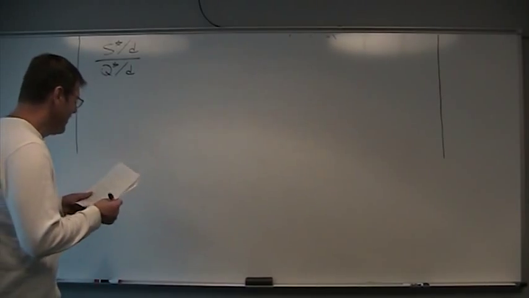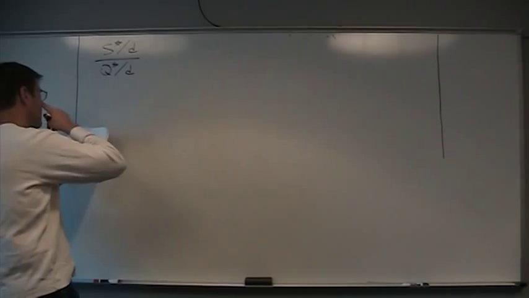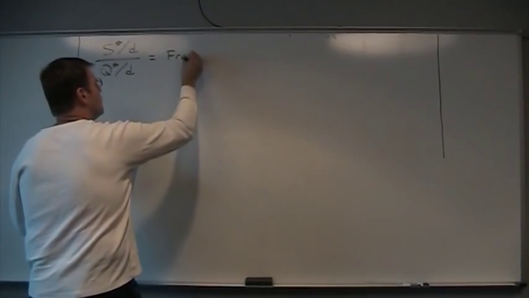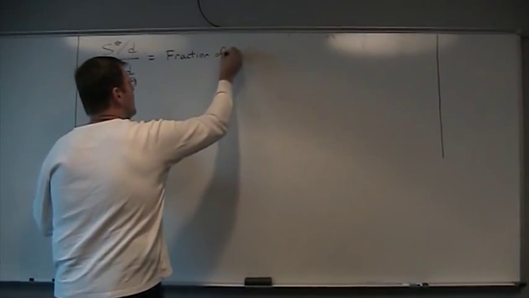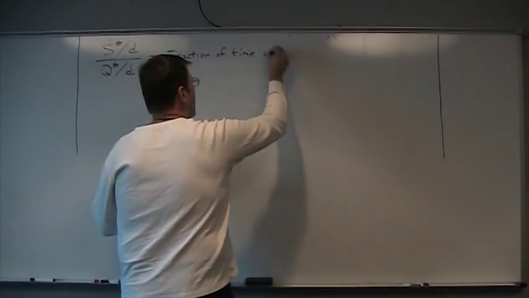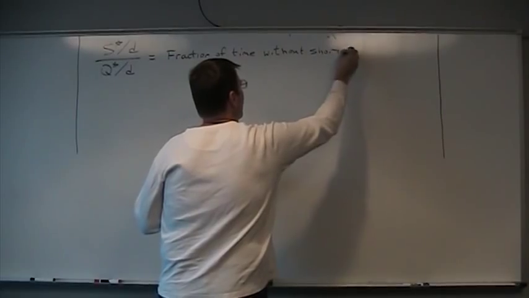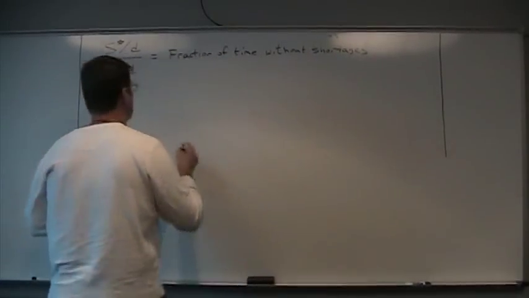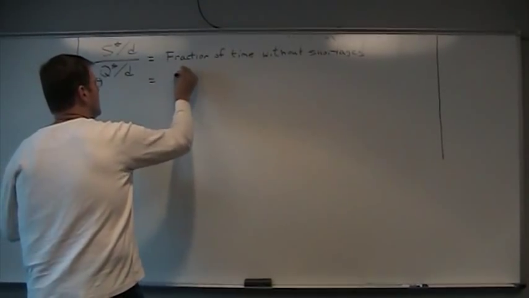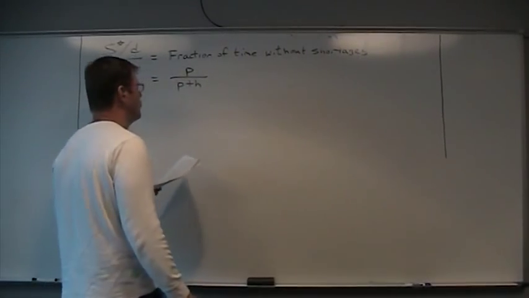Anyway, as far as this is concerned, the way to think about this is that this is equal to the fraction of time without shortages. And if you do the algebra, what it works out to be is P over P plus H.